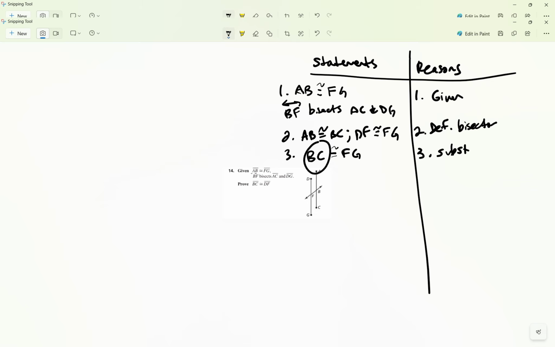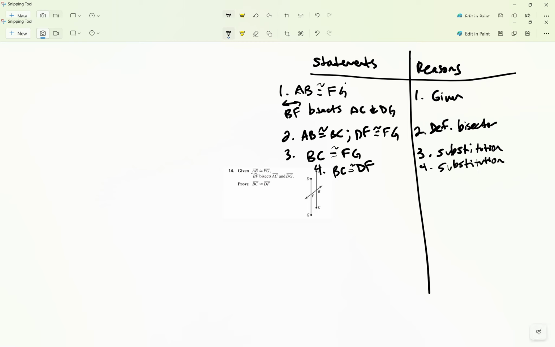We just swapped out BC for AB because of this, and this was given. And then number 4, we have FG congruent to BC, okay? So with BC as the first statement, now can we swap out FG and DF? Yeah, we can, because they're congruent. So we can now say BC is congruent to DF, also through substitution.